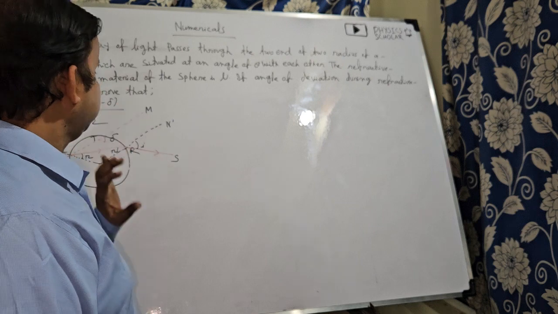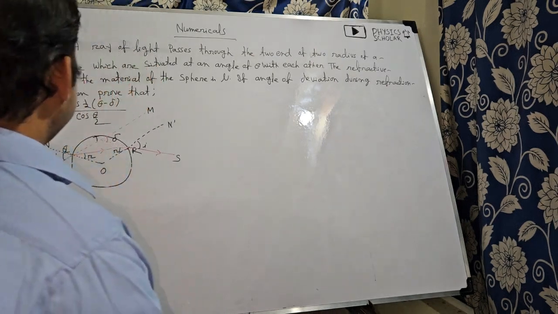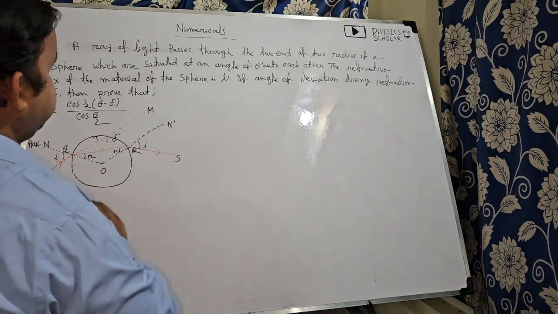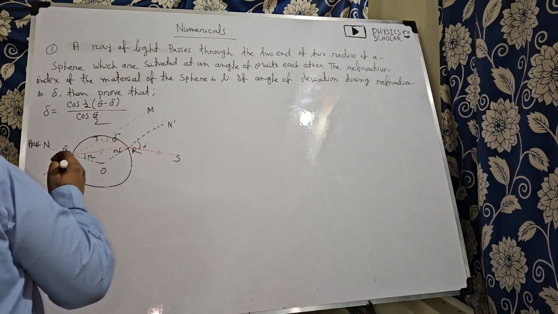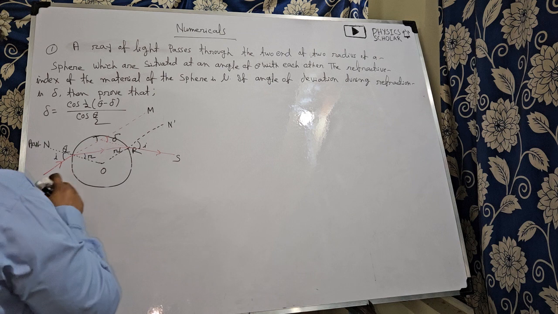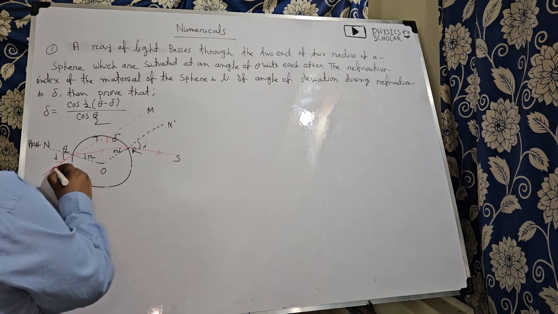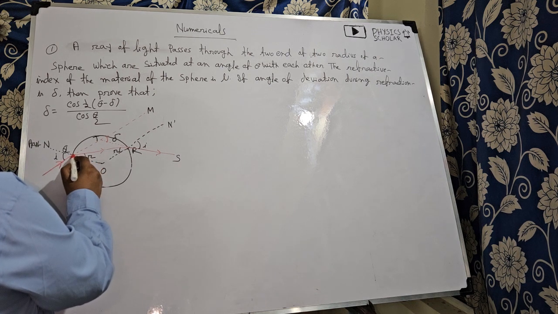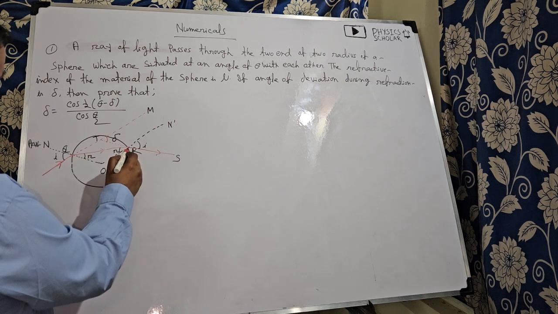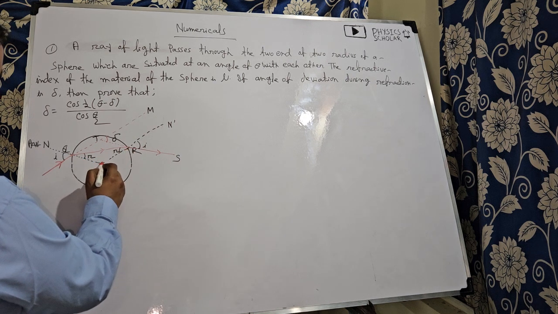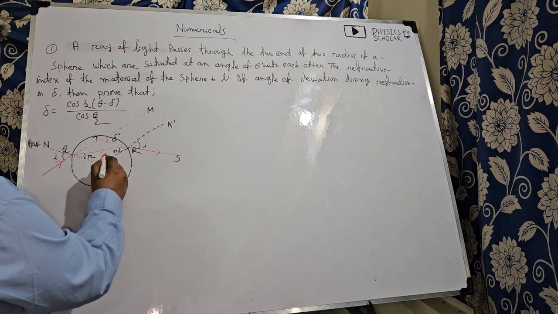Suppose this is a sphere. A ray of light passes, and when it is refracted, it touches the ends of two radii. These are the two radii of the sphere, and the angle between them is theta.